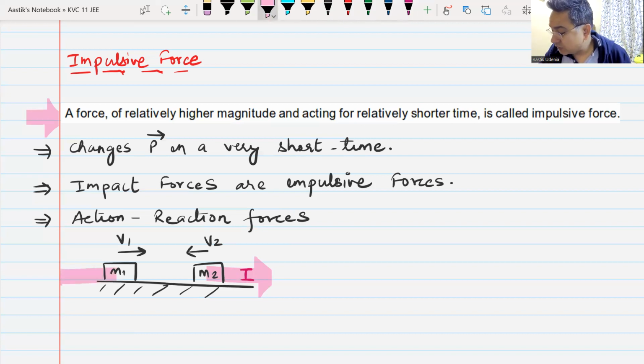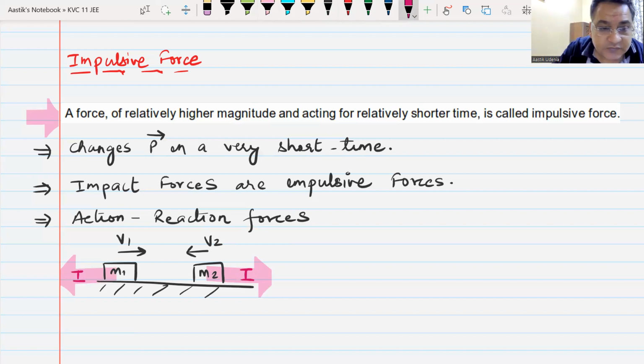Body 2 will also exert the same impulsive force on body 1, same in magnitude but opposite in direction. So that is what you must always remember. Whenever there is an impact, the forces acting between the bodies, the impact forces, are always impulsive in nature.